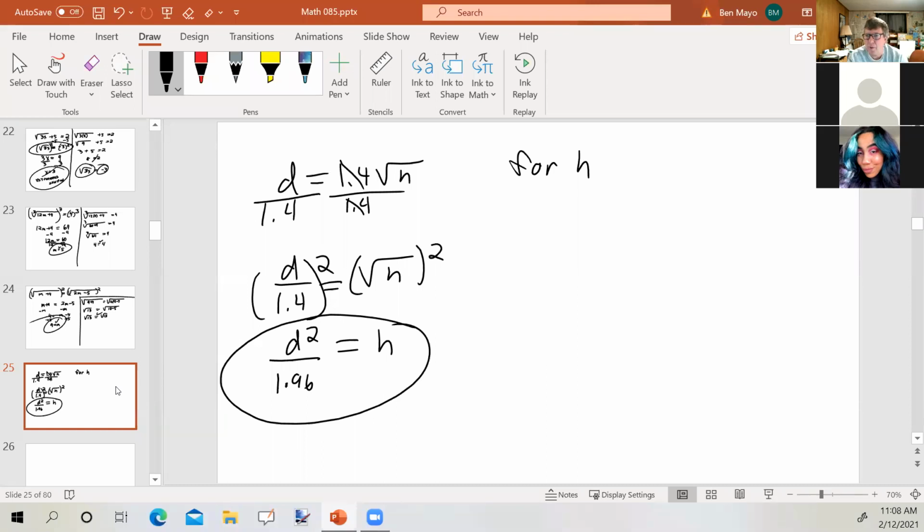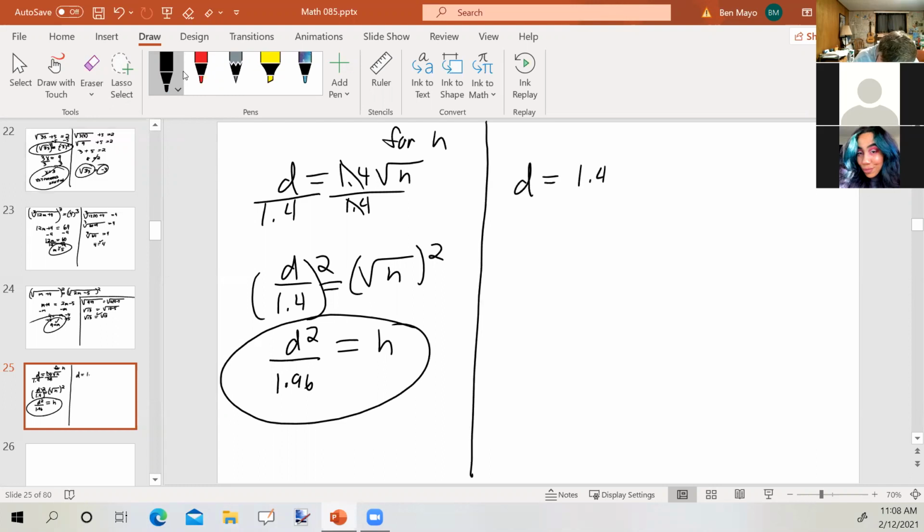Any questions on that problem? Tell you what, let's go back and do it the other way just to show what that would look like. We'll write this thing again, solving for h. Now we'd square both sides. On the right side, I'm going to get 1.4 the quantity squared, the square root of h, the quantity squared.